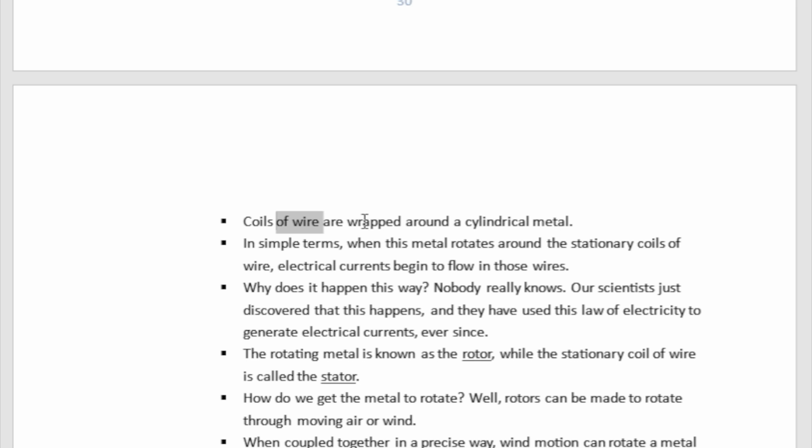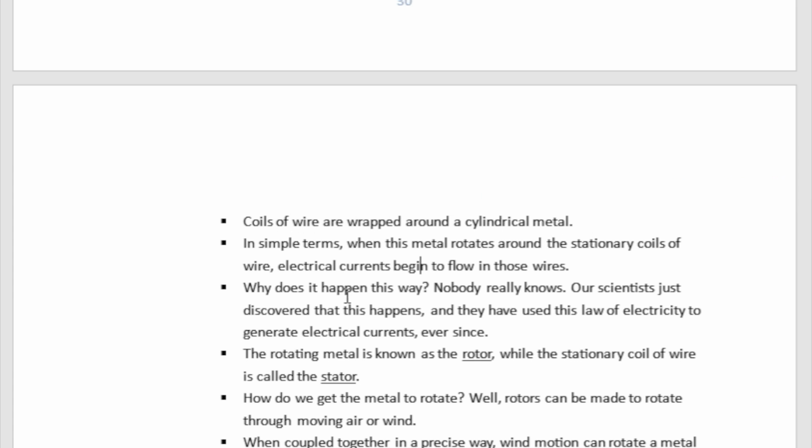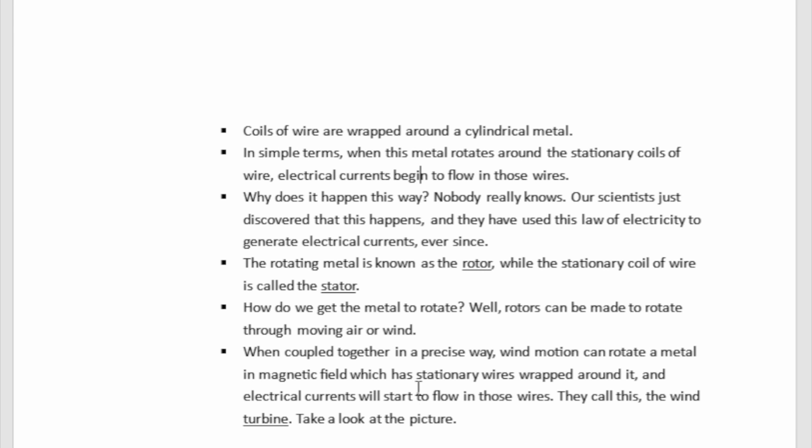There are coils of wire wrapped around a cylindrical metal, and when the metal rotates, what they discovered is electrical current will be found in those wires. We don't know why that happens, but it's just a fact of nature that we stumbled on a few hundred years ago. And we've taken advantage of that to generate electricity all through the years, through things like the turbine.